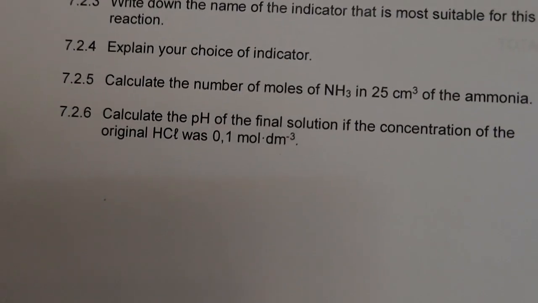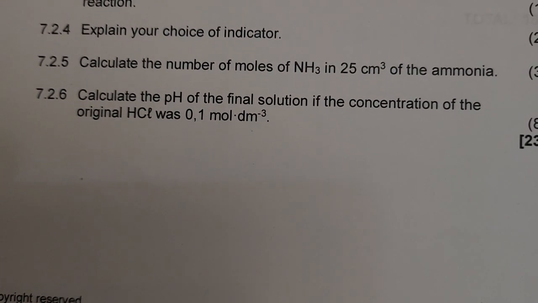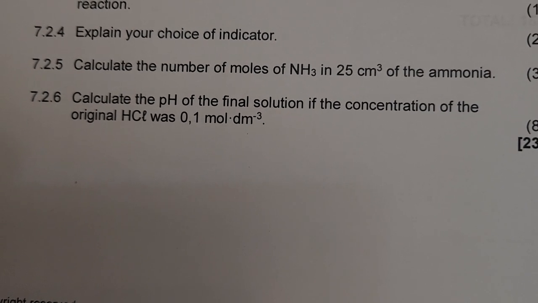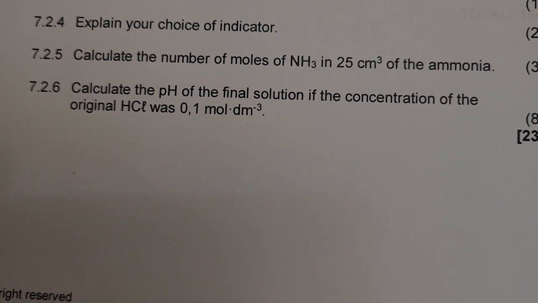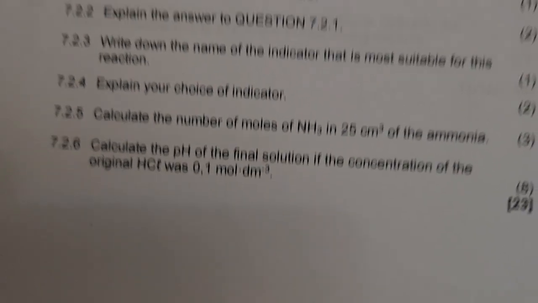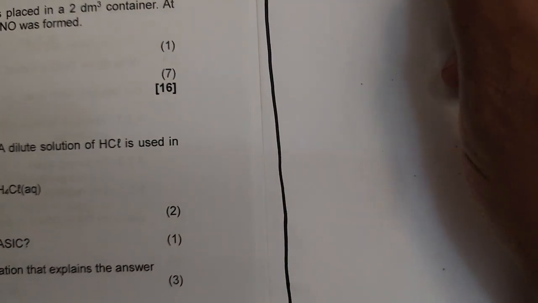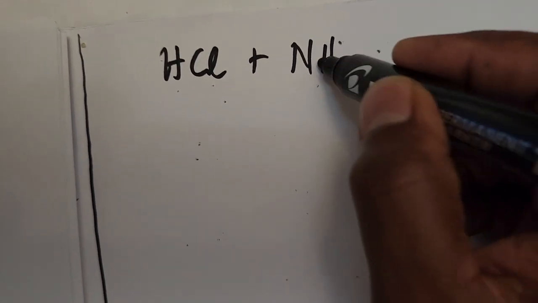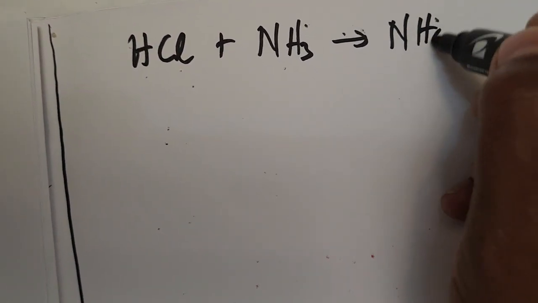The next question, which is the last one, 8 marks, very good. Now they say to us, calculate the pH of the final solution if the concentration of original HCl was 0.1. Remember, in this case we are given HCl reacting with ammonia, forming ammonium chloride.